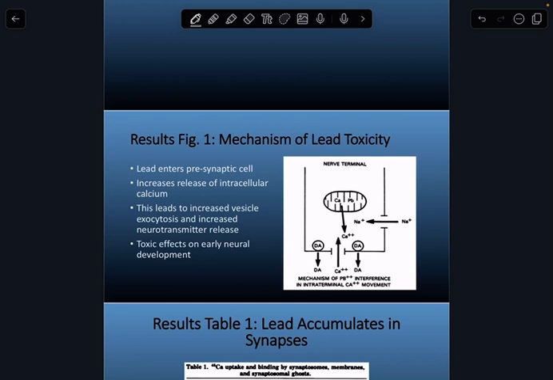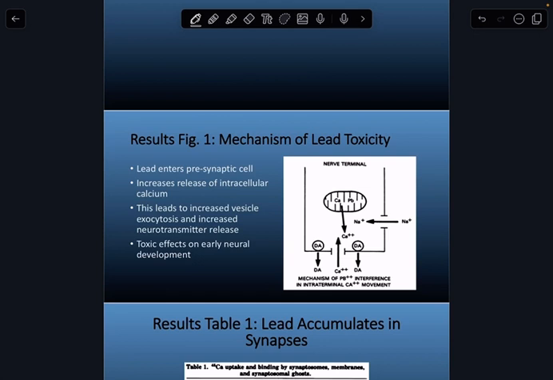When lead gets in, it causes the calcium to be released in large amounts. Calcium is an important ion for the release of neurotransmitter vesicles. So the more calcium you have, the more neurotransmitter vesicles are going to exocytose at the presynaptic cell membrane, and more neurotransmitters are going to be released into the synapse.